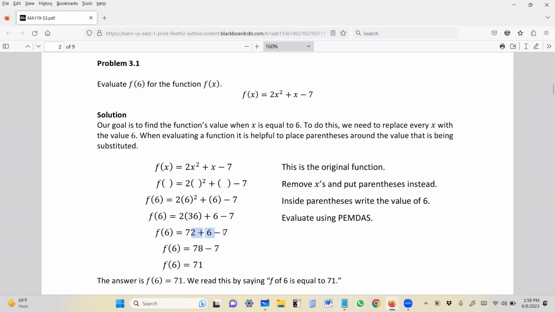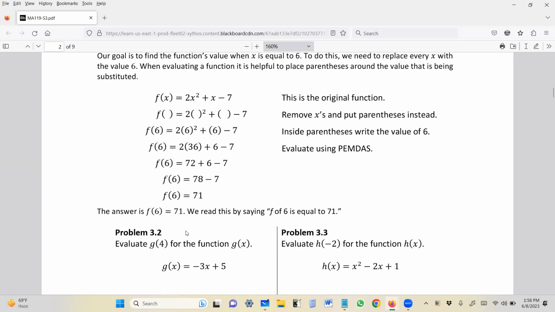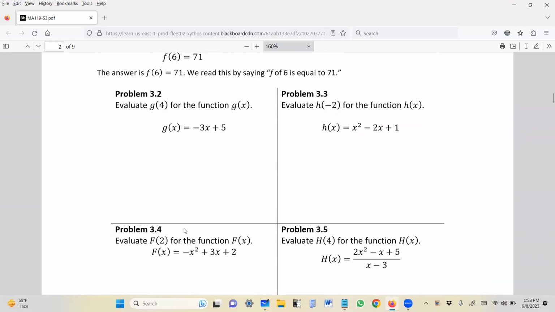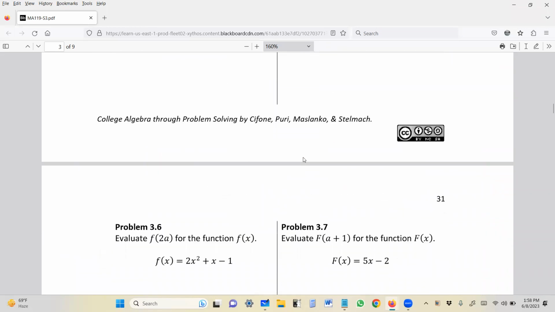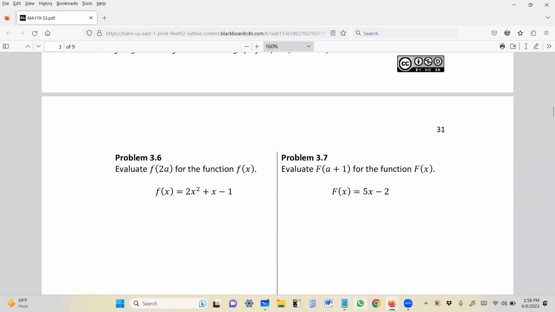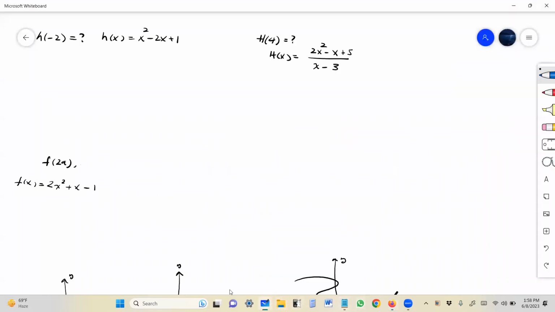And then we have 72 plus 6 minus 7, which is 71. So the value of the function at x equals 6 is 71. So this is what we need to do. It's very basic, and I am going to go over 3 examples for you, which are problems 3.3, 3.5, and 3.6. So let's take a look at these examples.